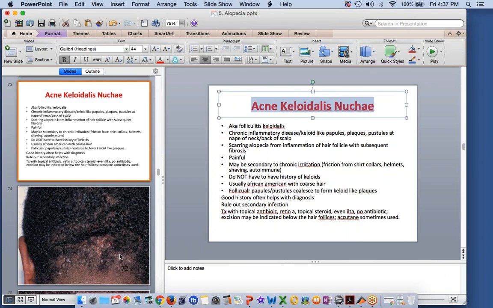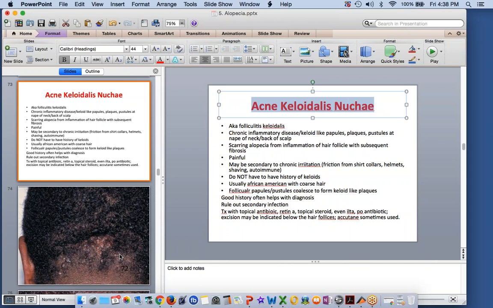Usually they start when the hairs are shaved very, very low to the scalp, to such an extent that the hair that comes out of the opening of the hair follicle is caught on the rim, and instead of going right out of the follicle, it actually penetrates the side of the hair follicle and goes into it. And it becomes irritating to the skin, and in an African American, it develops these little tiny keloids.